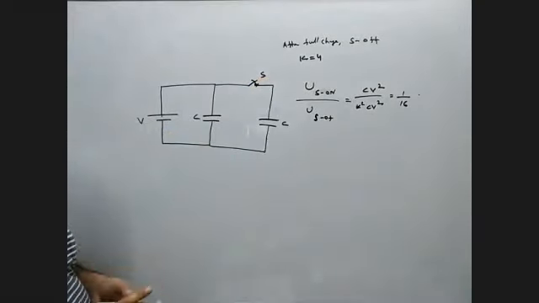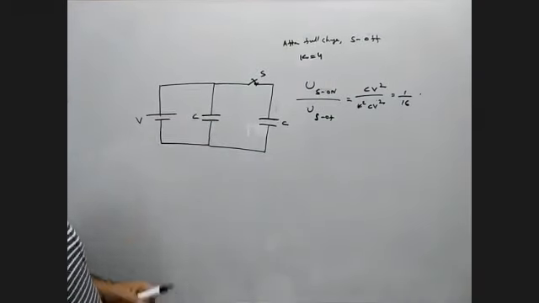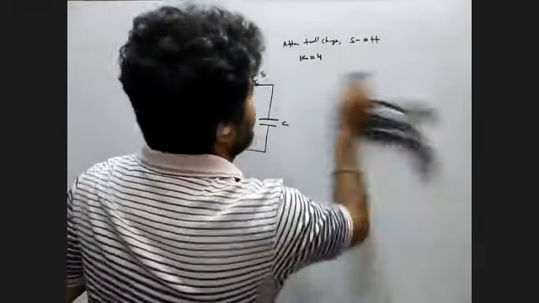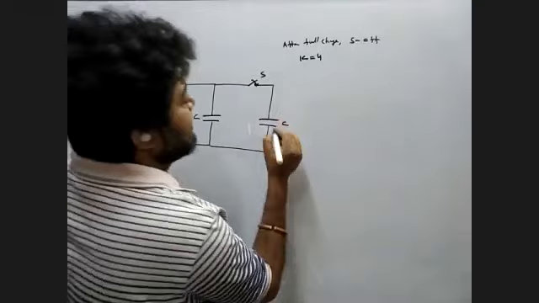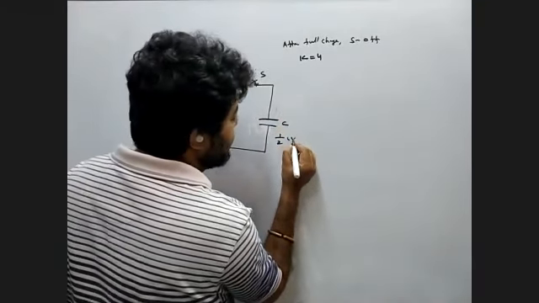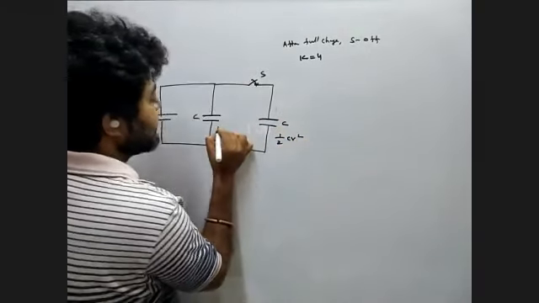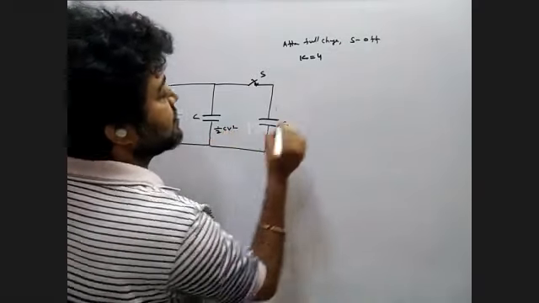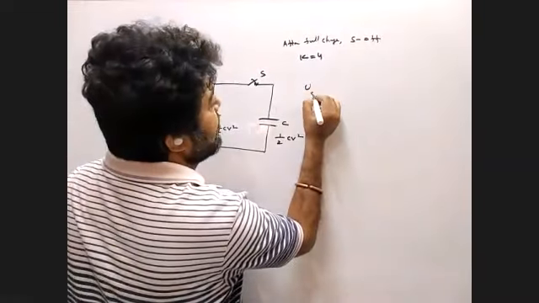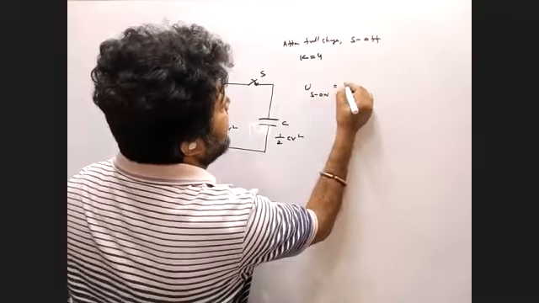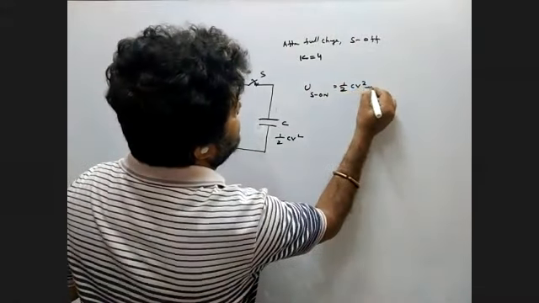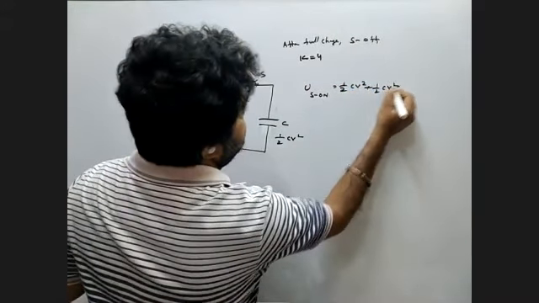So this is case 1, very simple. Your energy is half CV square. So when the switch is on, half CV square plus half CV square, that is CV square.